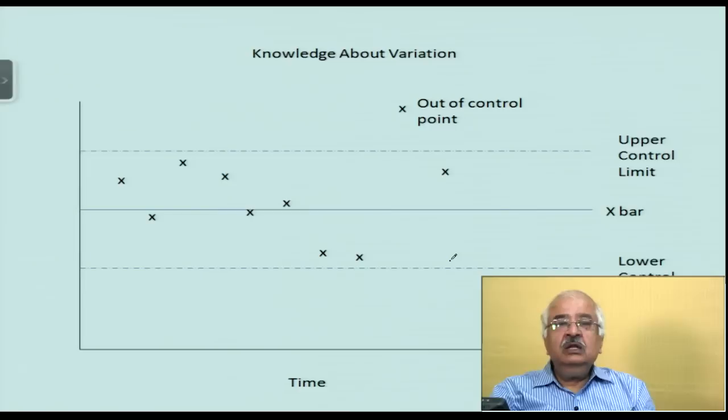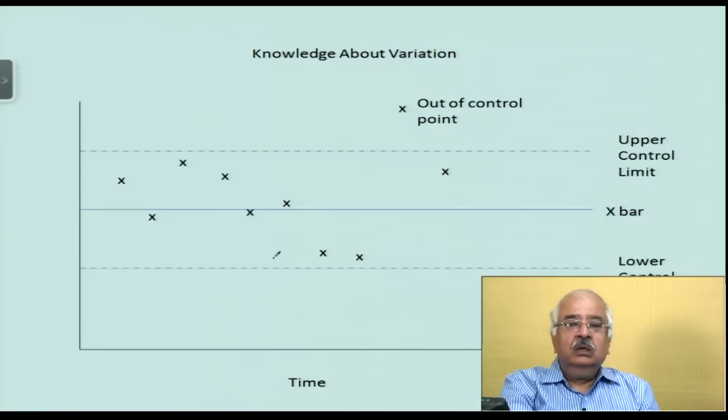So it has got nothing to do with design specifications, it's got nothing to do with our expectations, but this is actual variation in the process that we observe over a period of time, which leads to the creation of the upper and the lower control limits that we see over here.